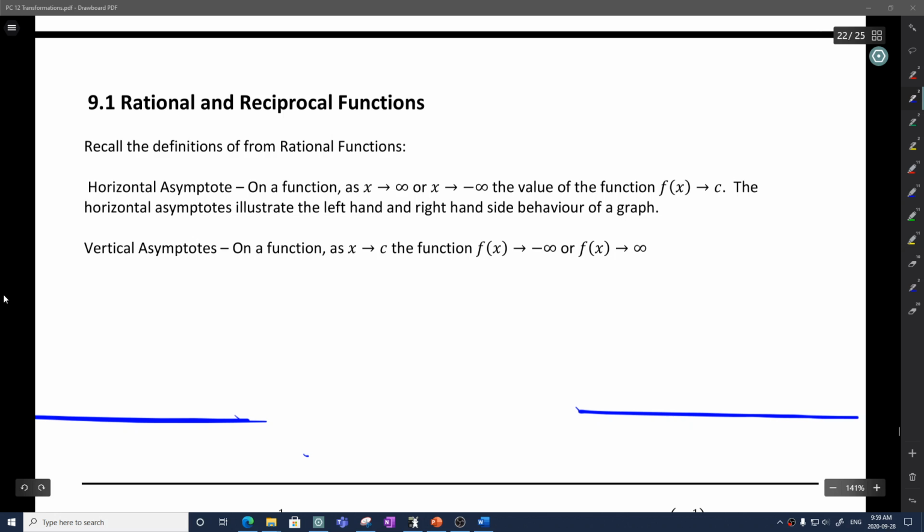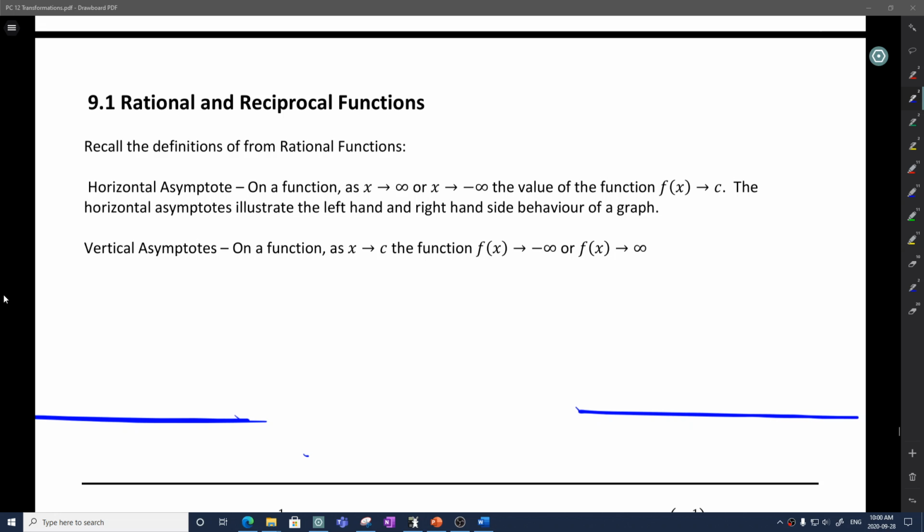So today's lesson, we're going to take rational and reciprocal functions. Last year we really took a look at rational functions from a very thorough perspective, and we looked at horizontal and vertical asymptotes. Now you may recall the horizontal asymptote had three specific cases in which we compared the degree of the numerator to the degree of the denominator, and it was really quite difficult.